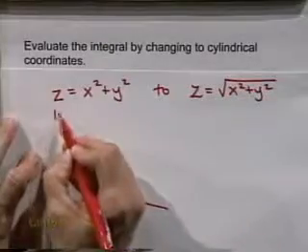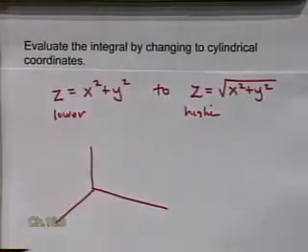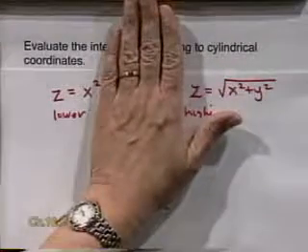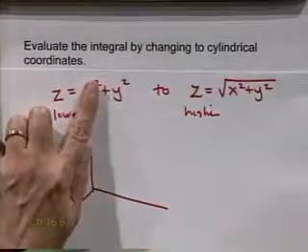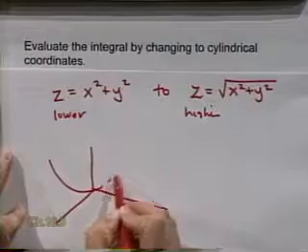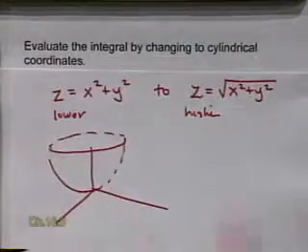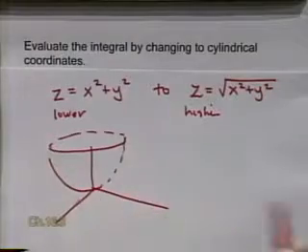This is your lower guy. What's z equals x squared plus y squared look like? A paraboloid. If you slice it with x equals 0, you get z equals y squared. You've got a paraboloid. That's your lower guy.